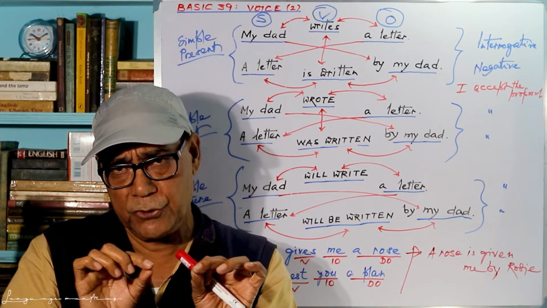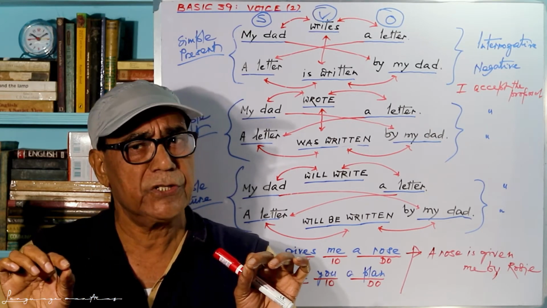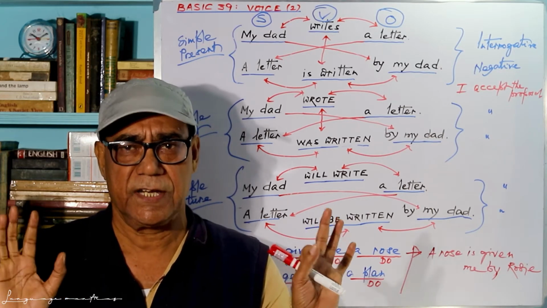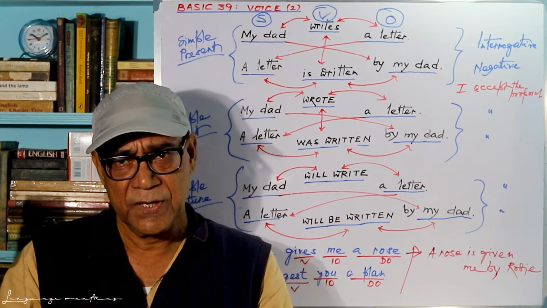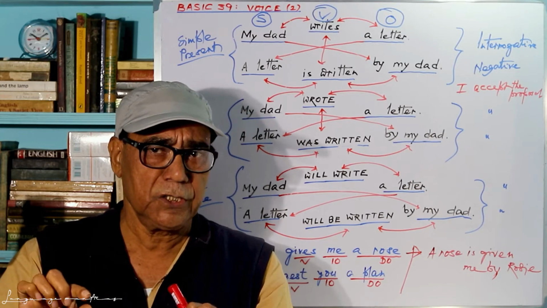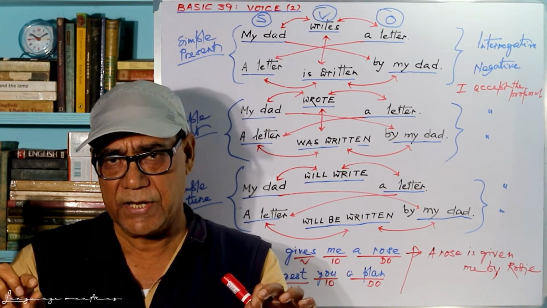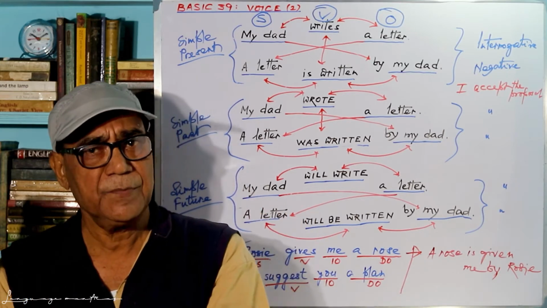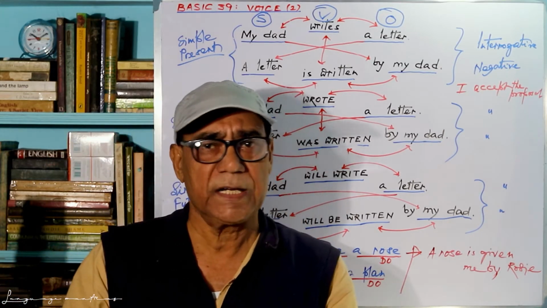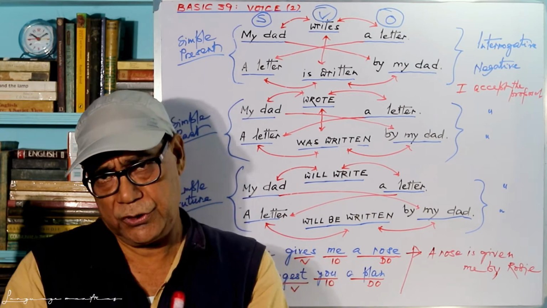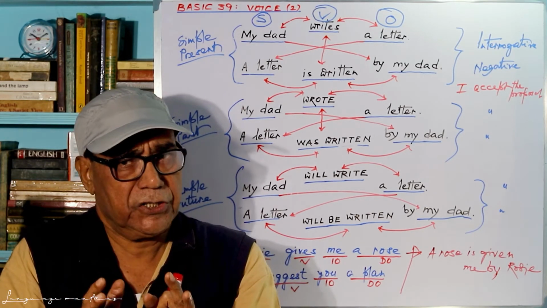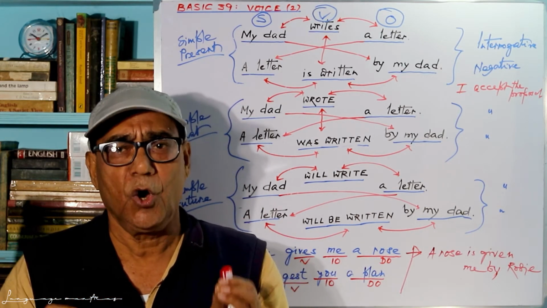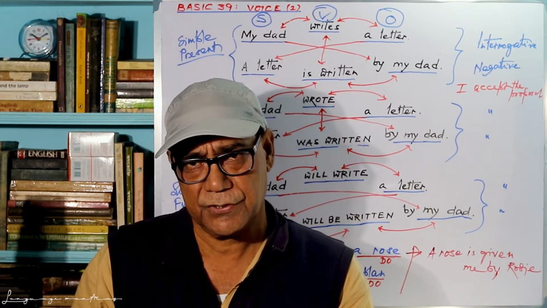Actually, it's a kind of change of the sequence of the elements in a sentence. In other words, it's a change of the order of words in a sentence. Subject becomes object, object becomes subject, and accordingly, the verb also changes its face and figure. This is all about the voice.